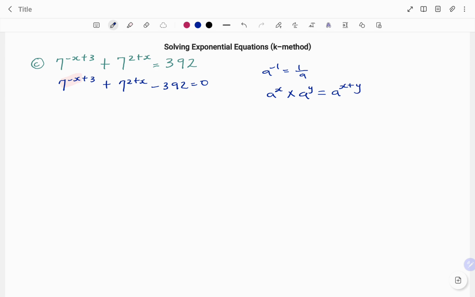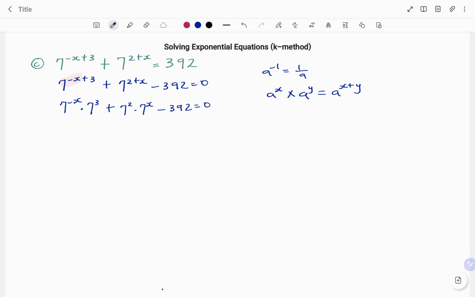So for each term, before I make the exponent positive, I'm going to separate the exponent. This becomes 7 to the power of minus x times 7 to the power of 3 plus 7 to the power of 2 times 7 to the power of x minus 392 equals 0.